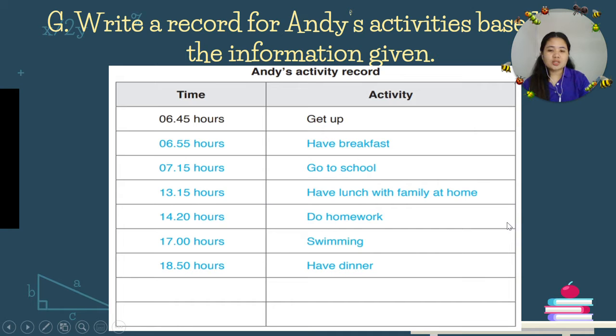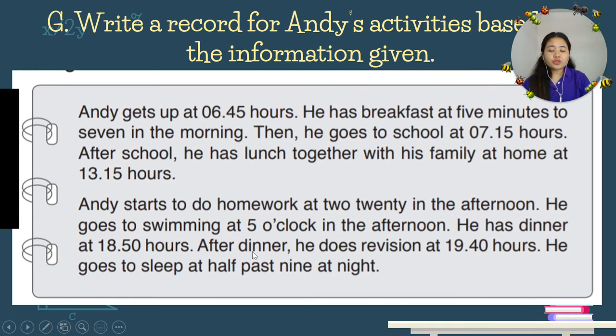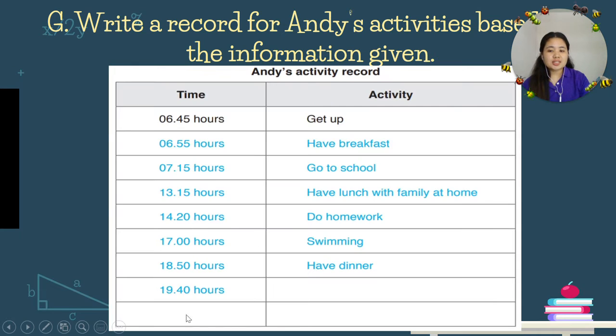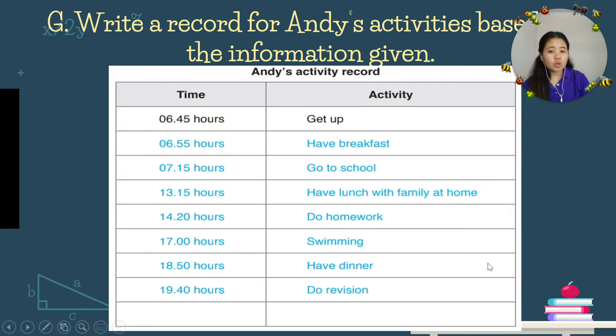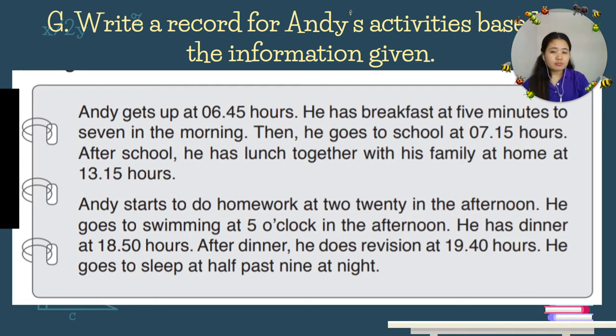Next, let's go to the next page. After dinner, he does revision at 19:40. So 19:40 is the next time. What does he do? He does revision. Last one will be 9:30 at night. It already passed 9 p.m. What is half of 60? Yes, that's 30. So 9:30 means it is 9:30 in the evening.